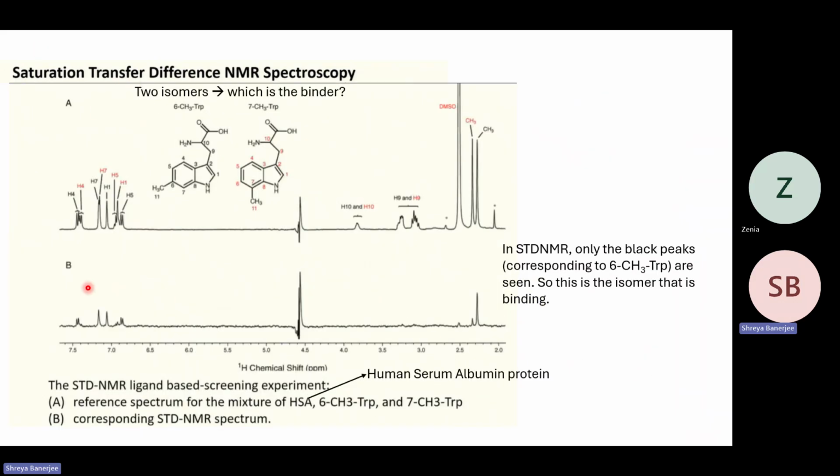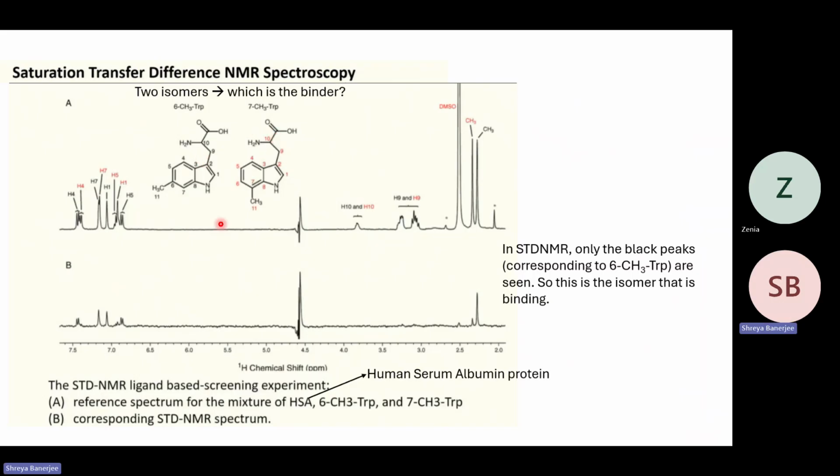This is another example. So there are two isomers here. The protein is human serum albumin protein, and you have two molecules, basically tryptophan with a CH3 at the 6th position, or tryptophan with a CH3 at the 7th position.